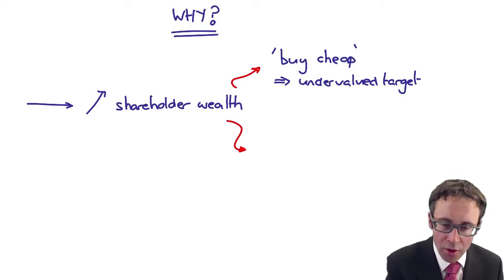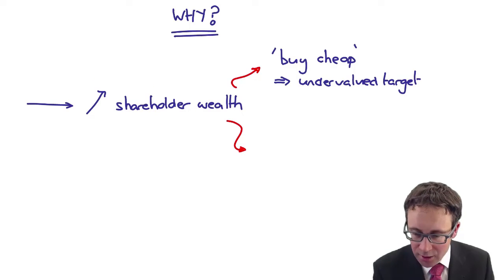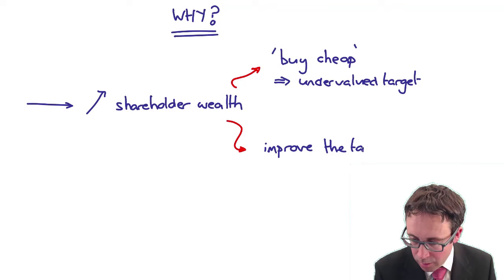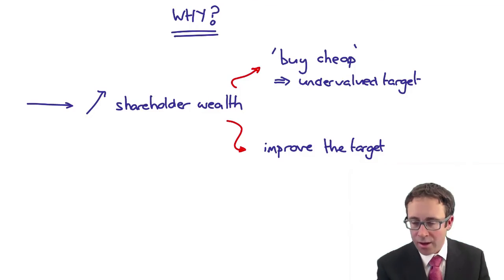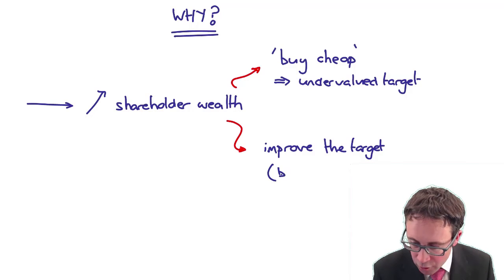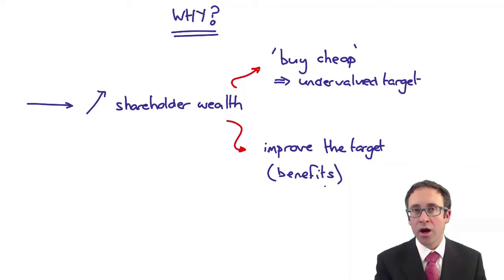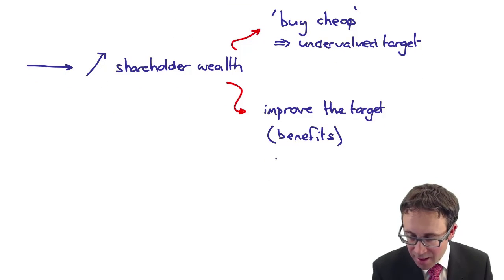The other reason why we think we can increase shareholder wealth is that we think we can improve the target. We think there are some form of benefits that can be had from improving that target, and we like to give that a fancy name.